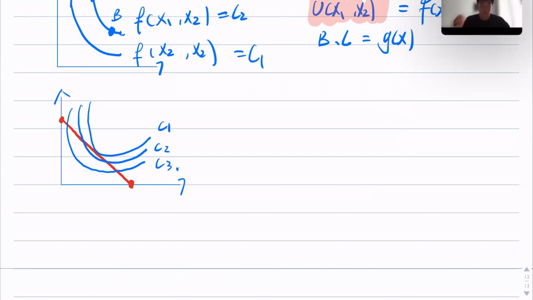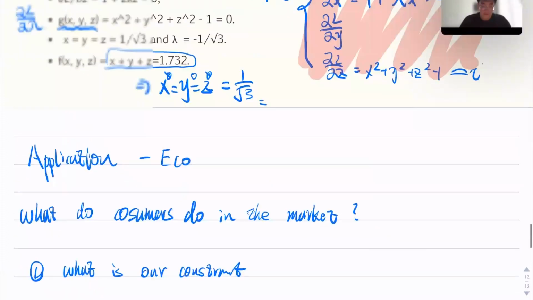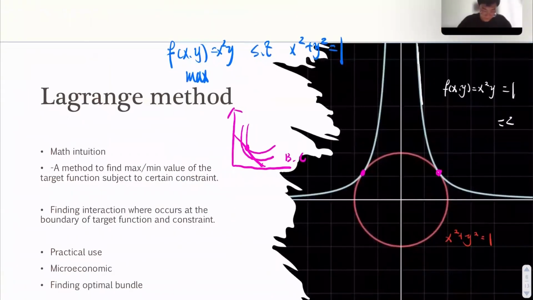We're trying to find the intersection where the boundary of the target function meets the constraint, which is this point. At this point, the function can be maximized based on its constraint.